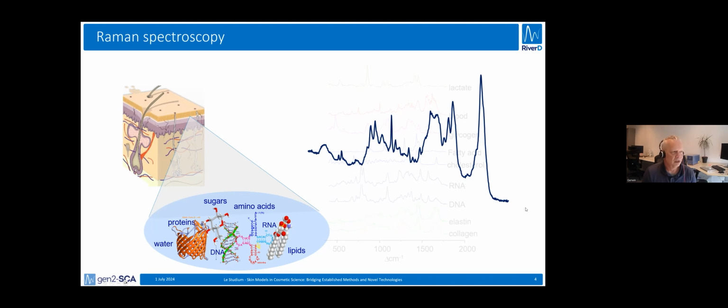Raman spectra do not give as detailed molecular information as mass spectroscopy. Raman spectra are not as sensitive in terms of limits of detection as, for instance, an HPLC, but they have the big advantage that it's non-invasive. It doesn't require any labeling, so it can be readily applied in vivo.